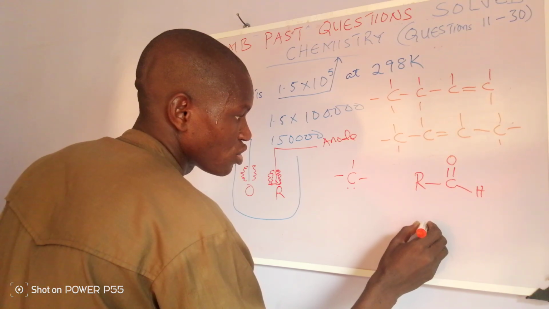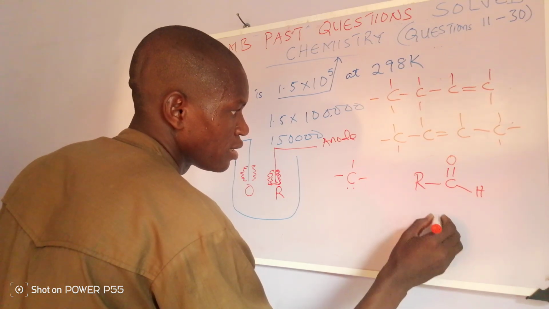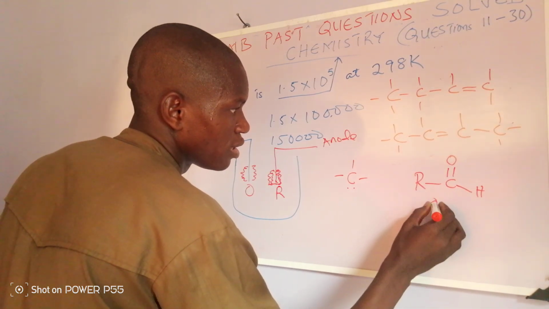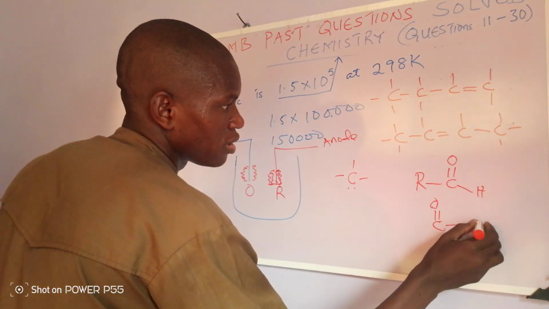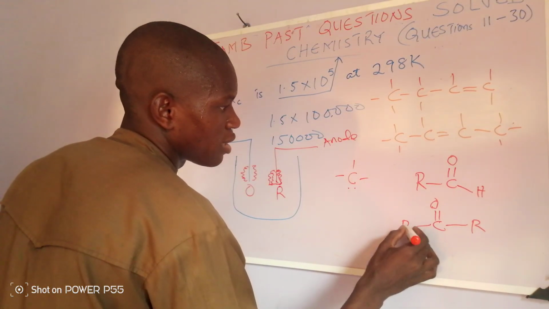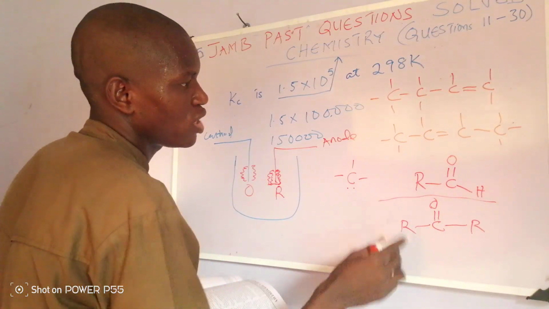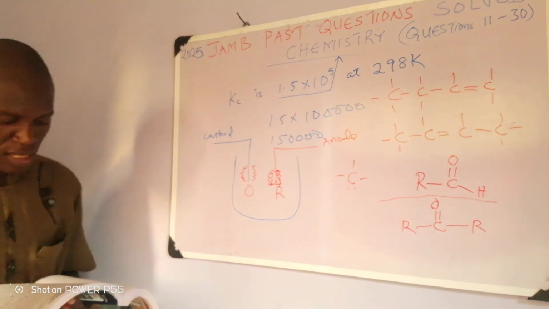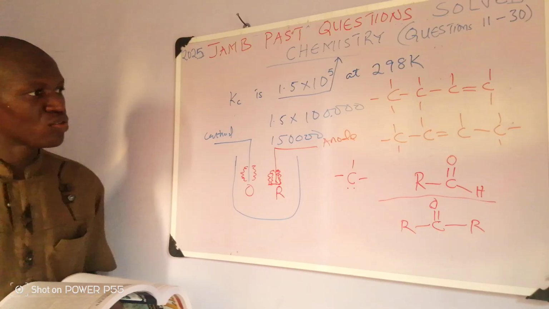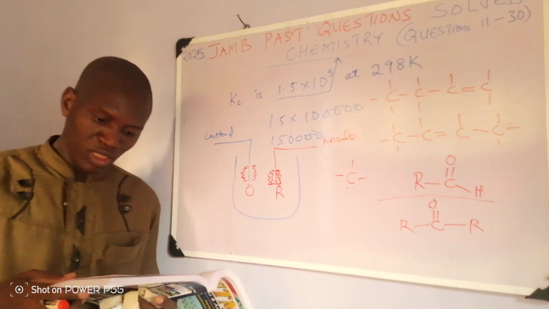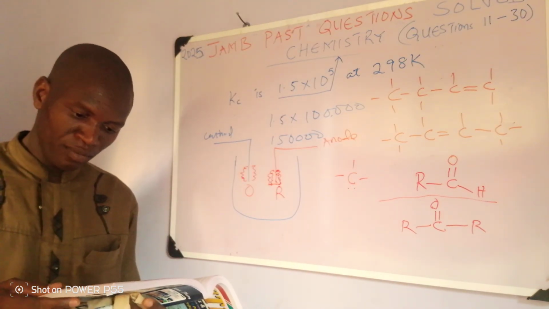So ketones are this way. This is R, this is R. Yes, so this is the general formula also, or functional group, if you may want to call it that way. So they are now asking us how do they differ?